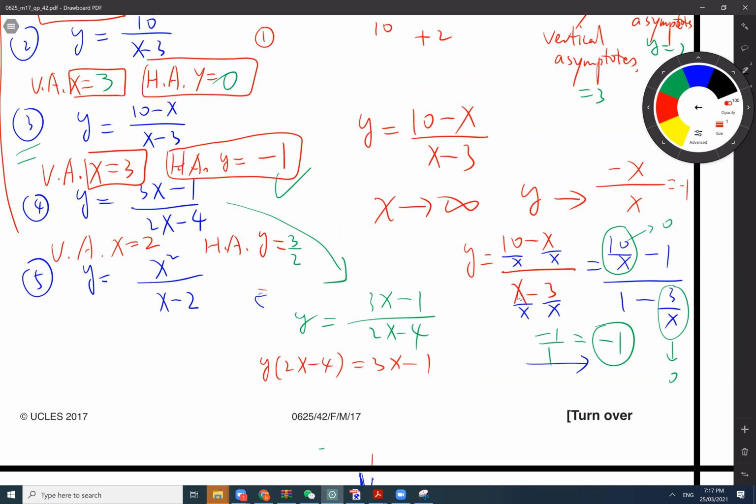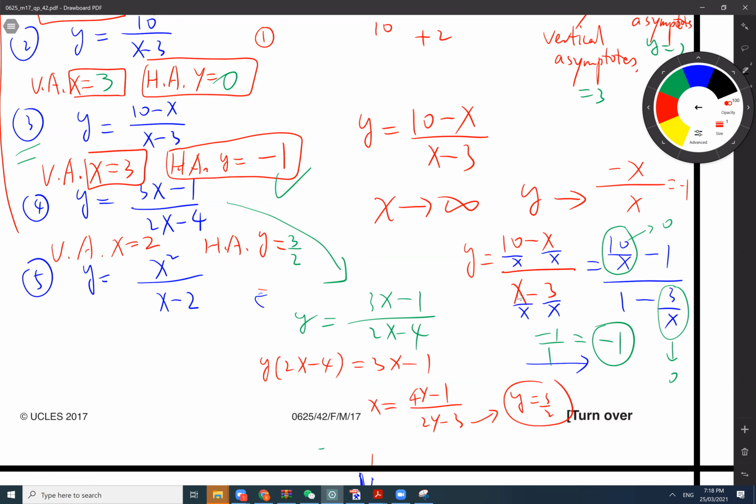So what x equals, Isabella? 4y minus 1 over 2y minus 3. Very good. Correct. So from here, you know the denominator cannot be 0. So the asymptote y equals 3 over 2.